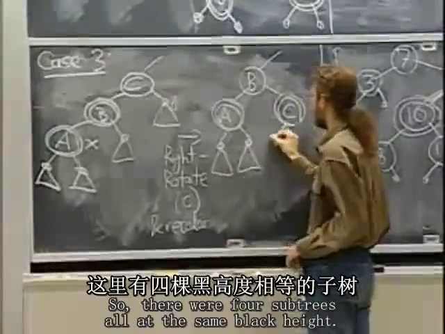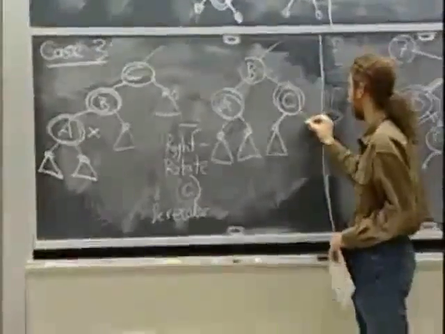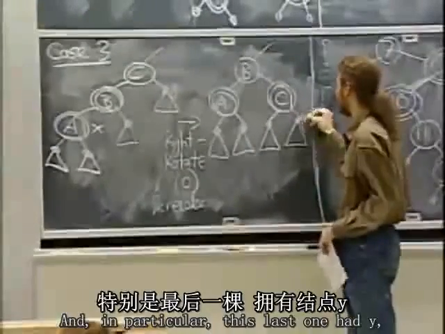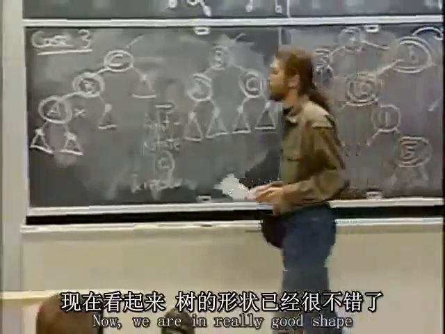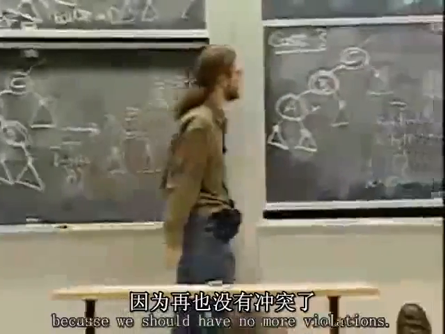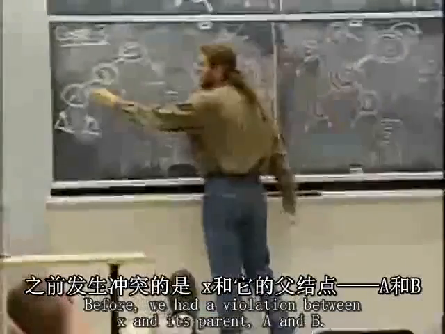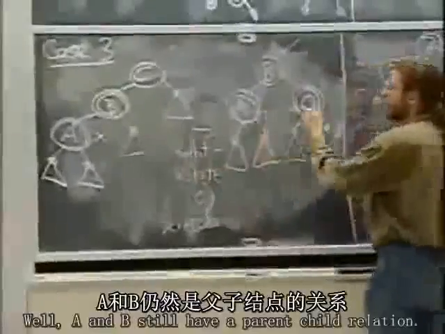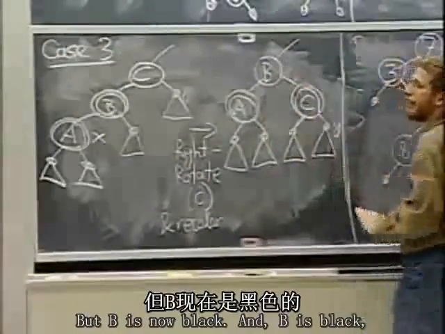Everything else just hangs off. So there were 4 subtrees, all with the same black height. And in particular, this last one had Y, but we don't particularly care about Y anymore. Now, we're in really good shape because we should have no more violations. Before we had a violation between X and its parent, A and B. A and B still have a parent-child relation, but B is now black.